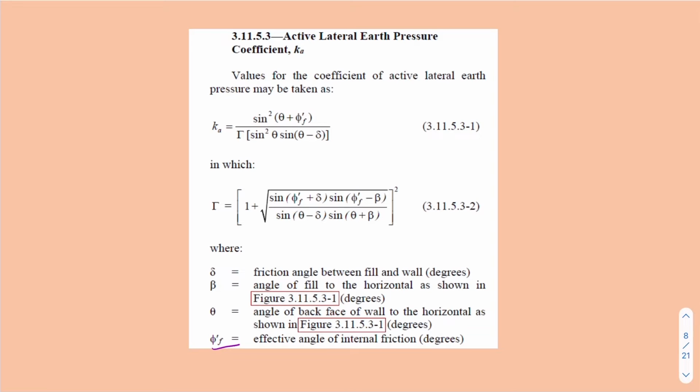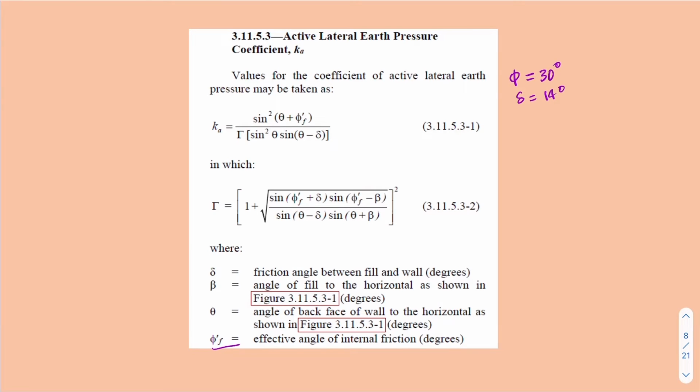Refer to AASHTO LRFD 3.11.5.3 for calculation of the active lateral earth pressure coefficient, and you will see we have these two equations. In our project, from the geotechnical report, we have the effective angle of internal friction as 30 degrees. The friction angle between fill and wall is 14 degrees.